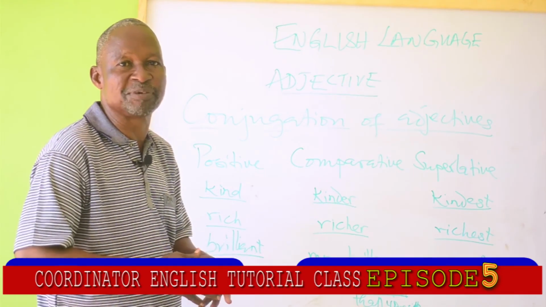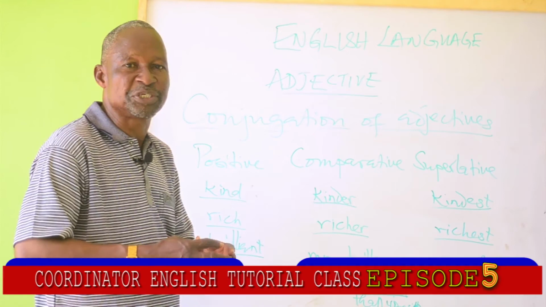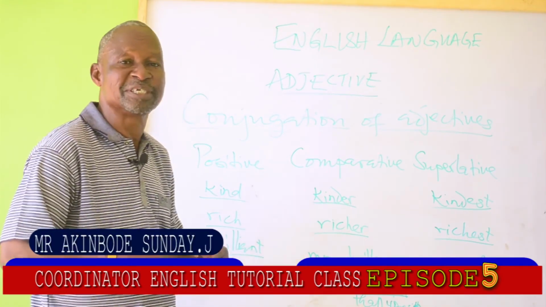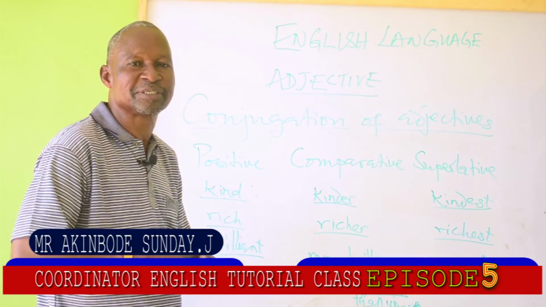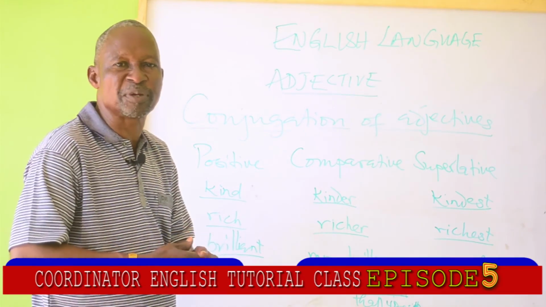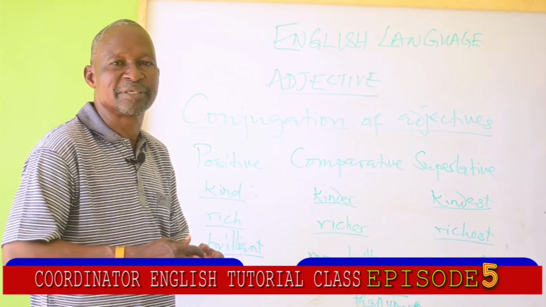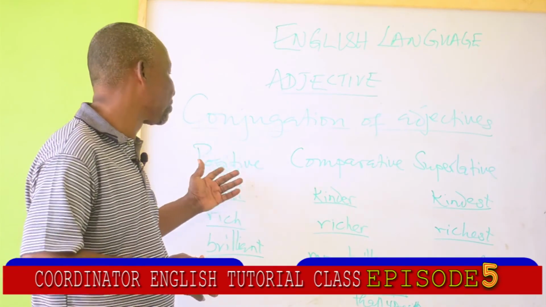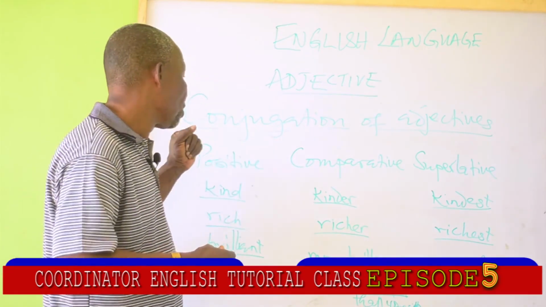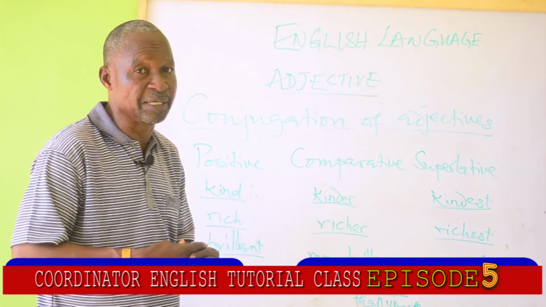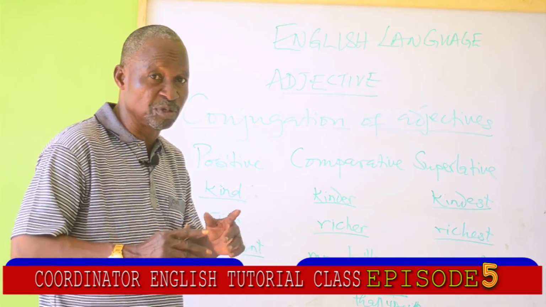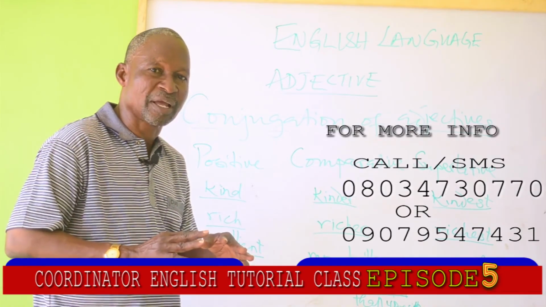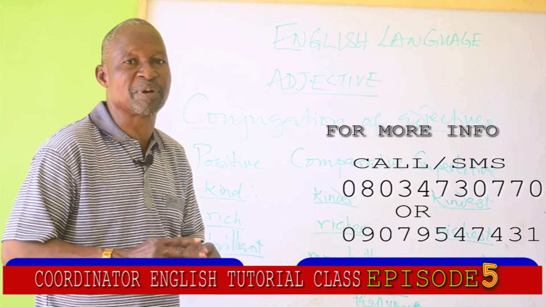She's a beautiful girl. She is more beautiful than her friend. She is the most beautiful girl in the school. So that speaks of the conjugation of adjectives into positive, comparative, and superlative. Our attention must be paid to how many people or how many things are involved at any particular time.